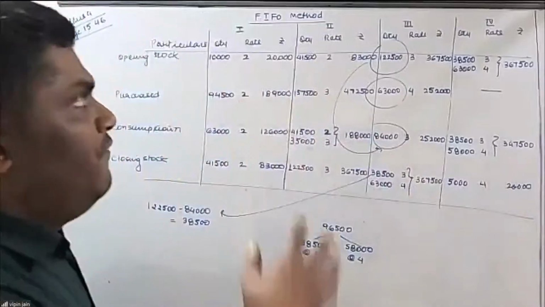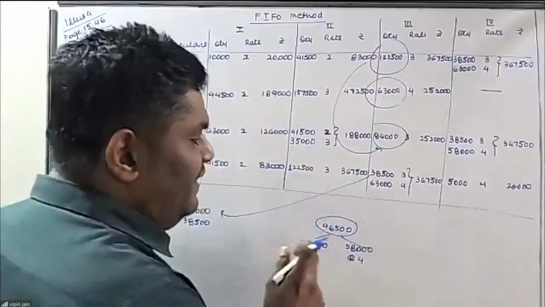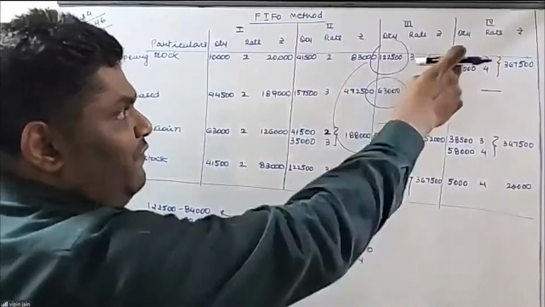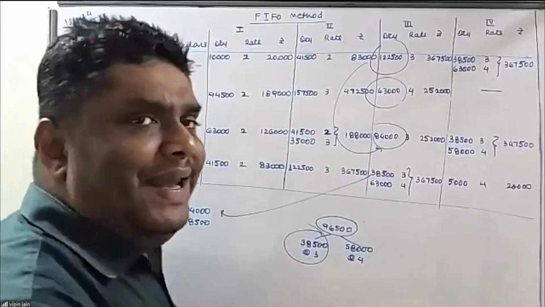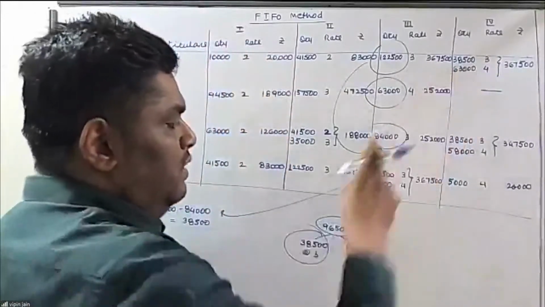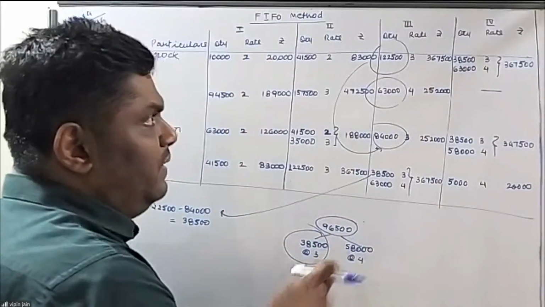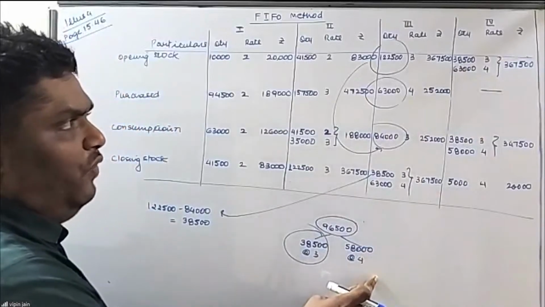So 38,500 will be first utilized, and subsequently the balance requirement will be fulfilled from 63,000. So out of this 96,500, 38,500 will be at the rate 3, and balance 58,000 will be at the rate 4.